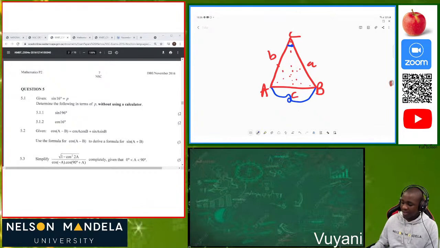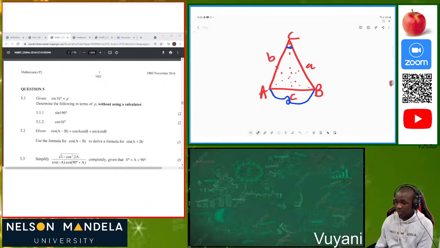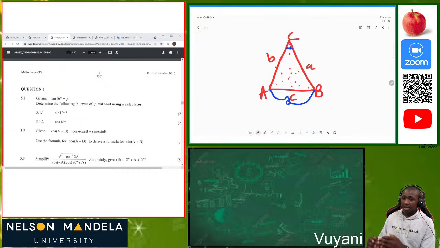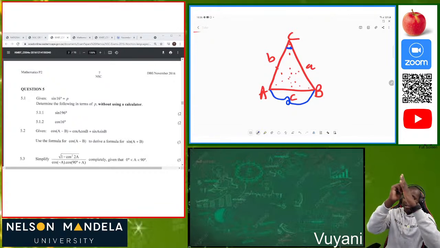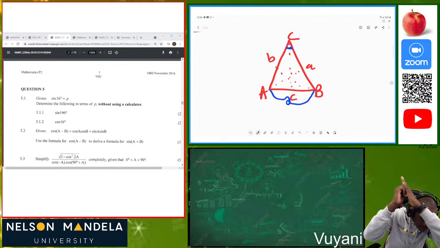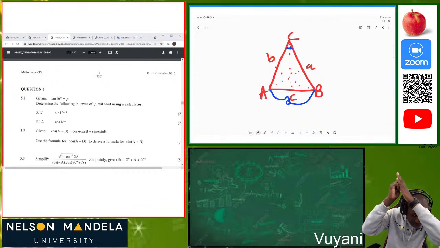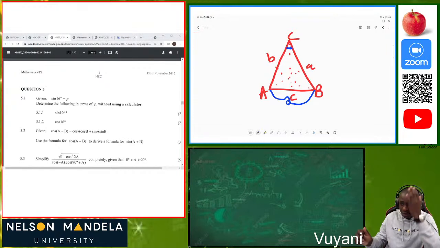This angle is supported by these two sides. So in other words, angle C, because we want to deal with small letter c, or AB, we want to calculate the side AB. So we take the supporting sides, these two, and now we'll be able to calculate the side which we want.